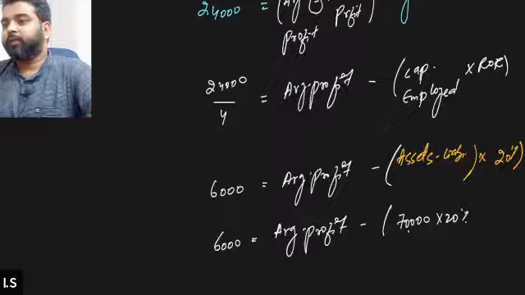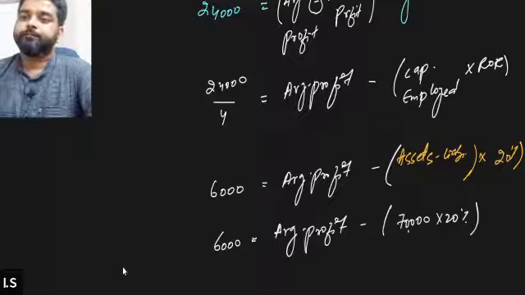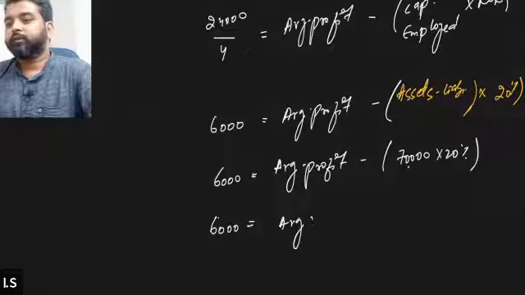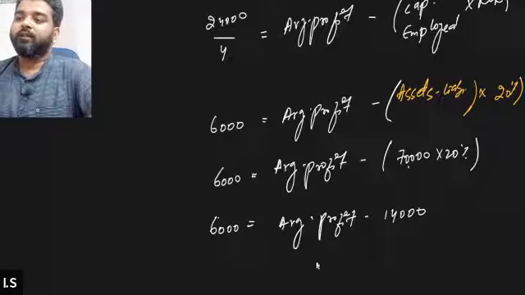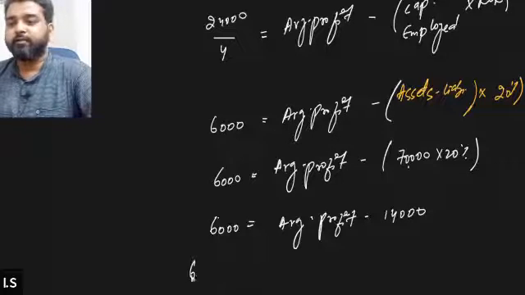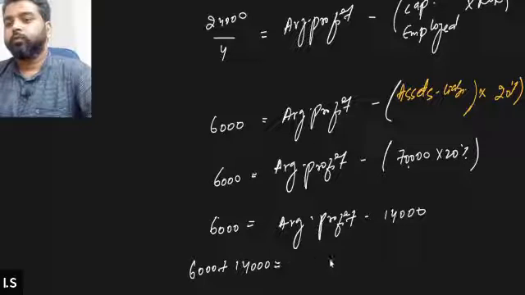Multiplying it with 20%. Next line: 14,000. 6,000 into average profit is still missing. Then minus 20% of 70,000 is how much? 14,000, right? Now taking the negative value to the other side of the equation, we get 6,000 plus 14,000 equals the average profit.